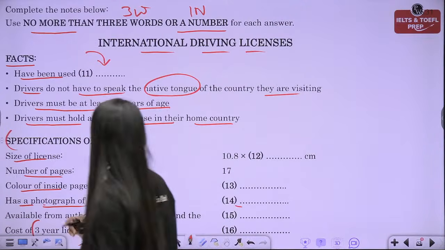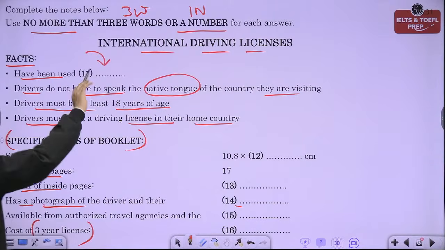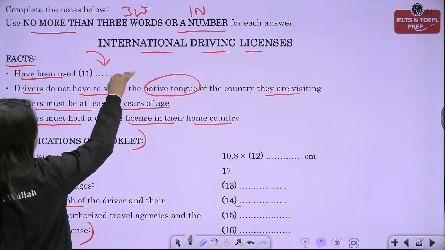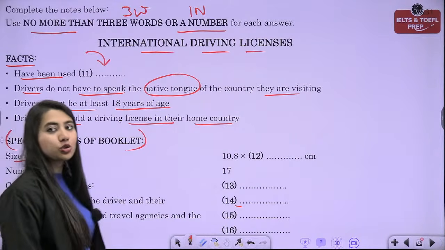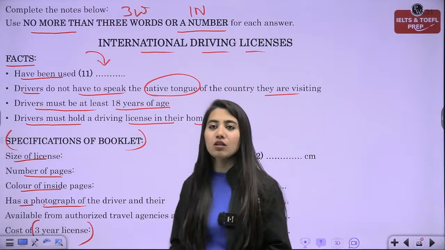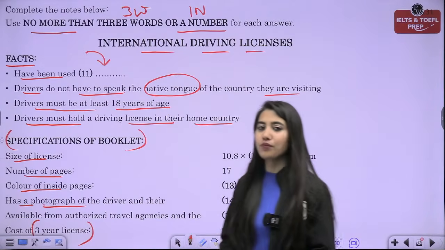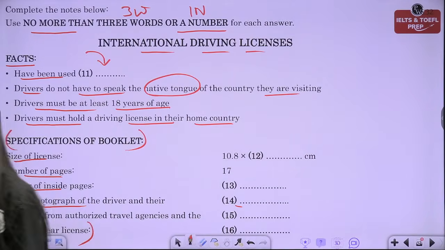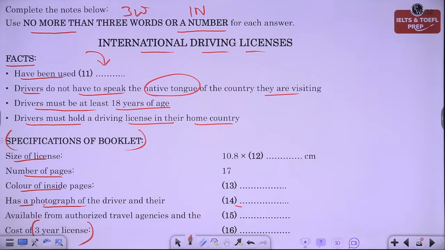Let's quickly start seeing. So have been used, the licenses we are talking about. So what should be the year? Here, what should I write? Let me know what did you mark for this first one. Yes, guys.